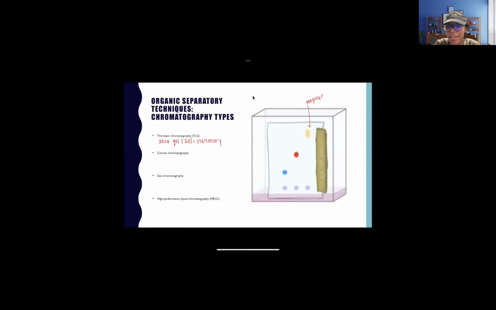Eluted. Yes, cation exchange traps cations. Cation exchange columns will have negative charges and will trap cations. No, Ryan, you're correct.